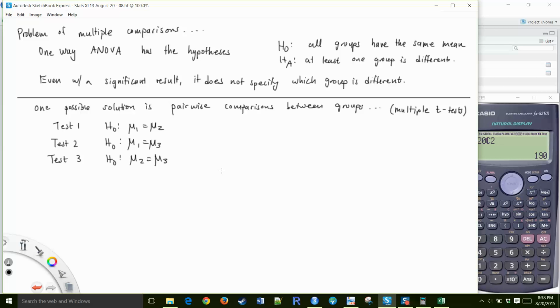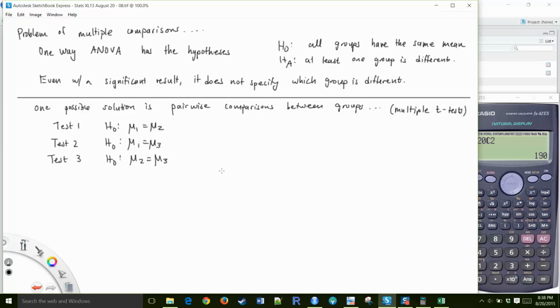Because every time I'm running a t-test, I've got a 5% chance of a type 1 error. And if I'm doing 190 of these things, it's almost guaranteed that at least some of these rejections will be false.